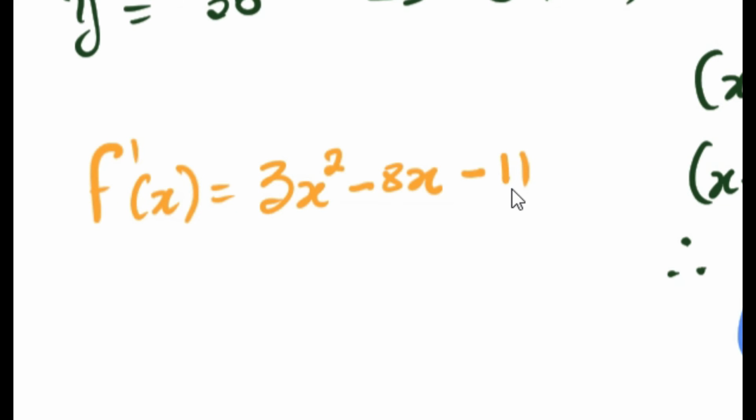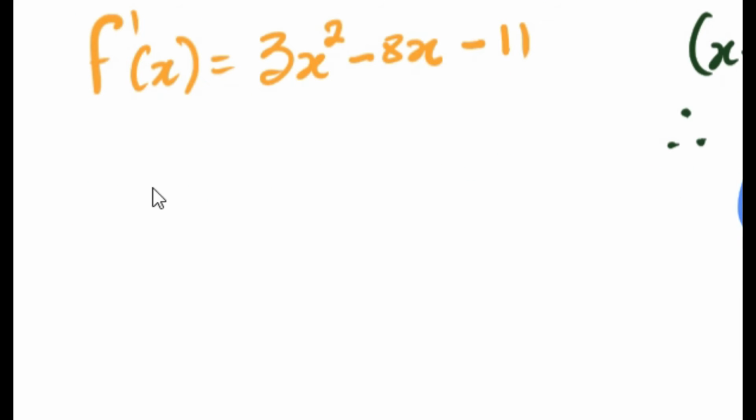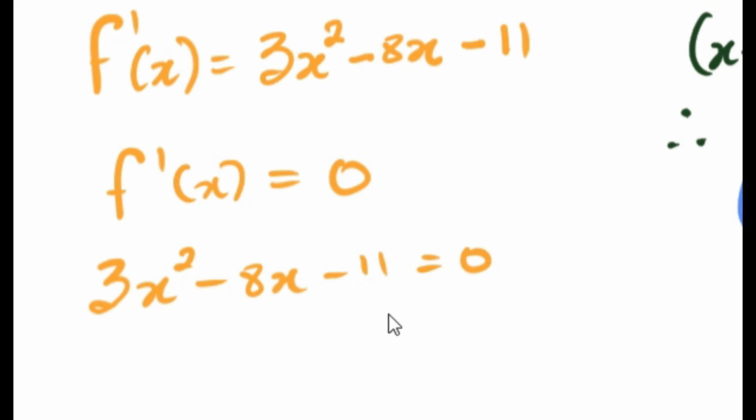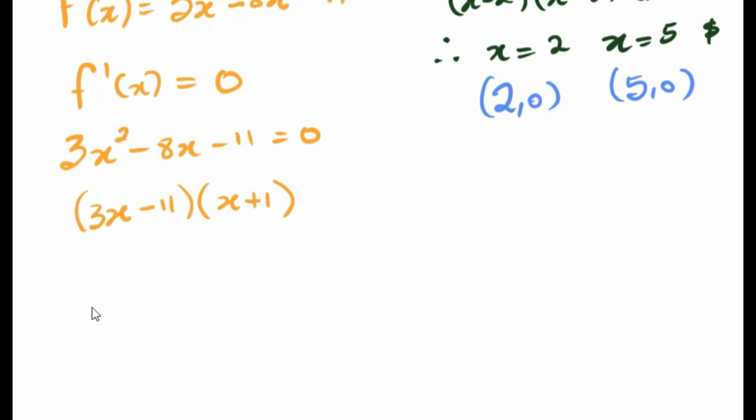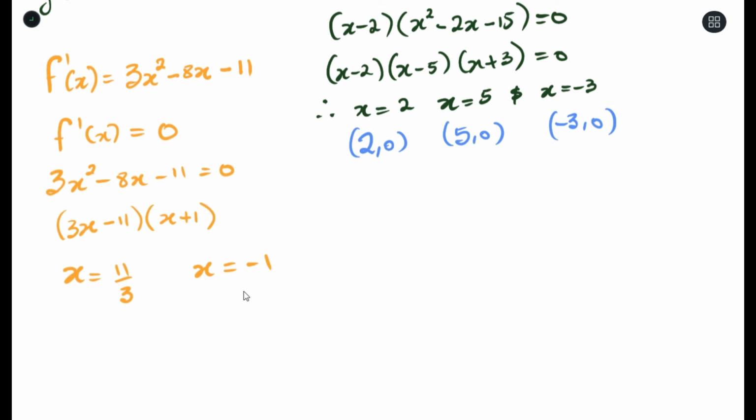This is the derivative of f(x). Since we are trying to find the stationary points, where the first derivative equals 0, we can equate it to 0. These are the two x-coordinates of your turning points.